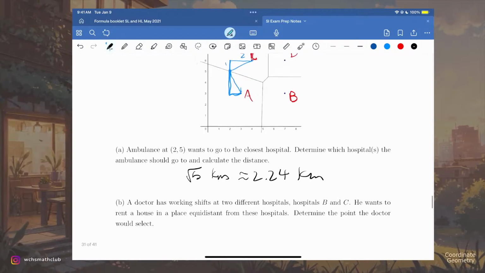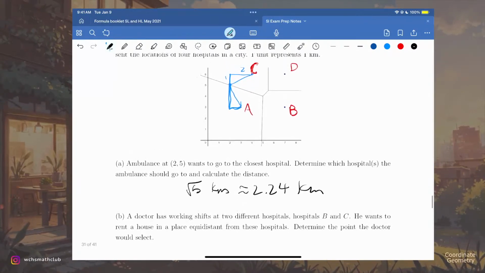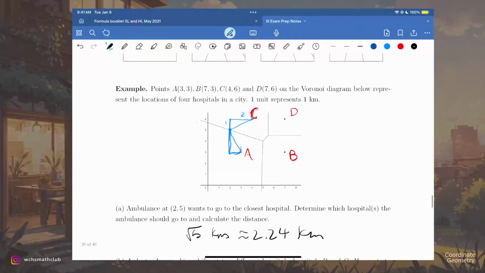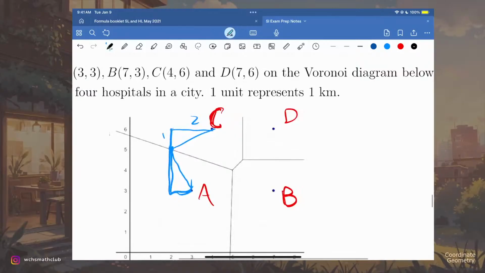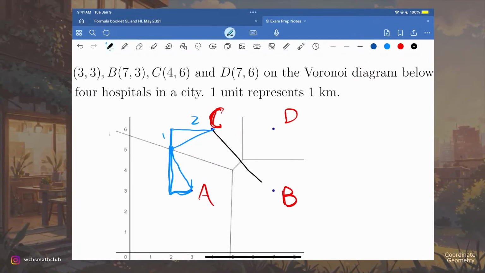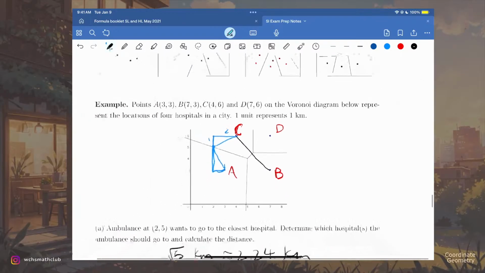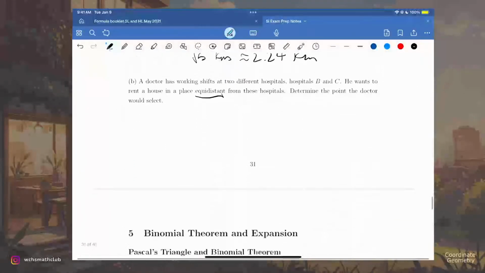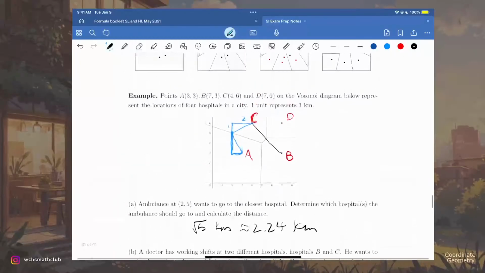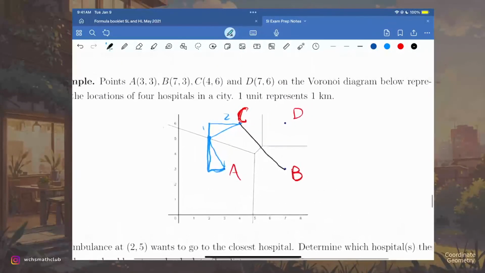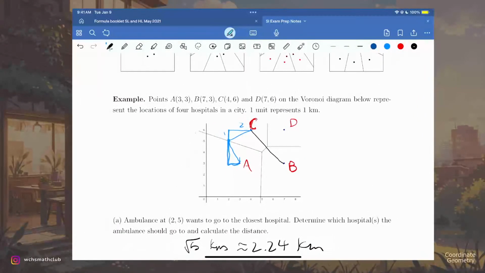Alright, the next question is that you want to find a point that's equidistant, so same distance from points B and C, right? And you notice here there's actually multiple solutions, but having a lattice point is obviously the best.